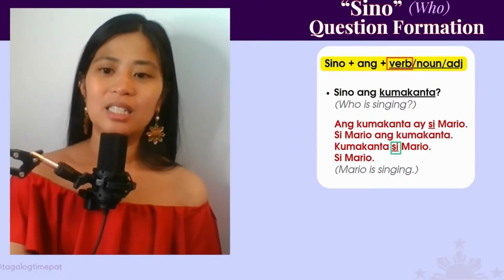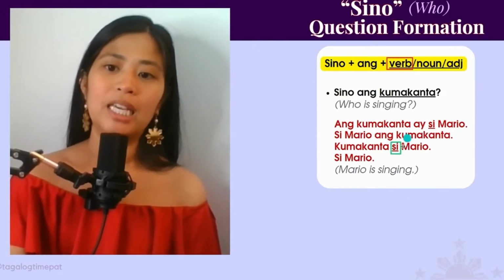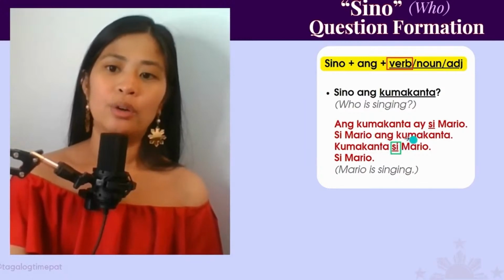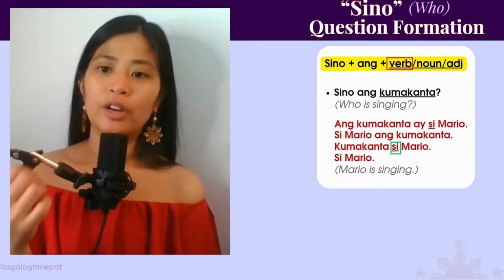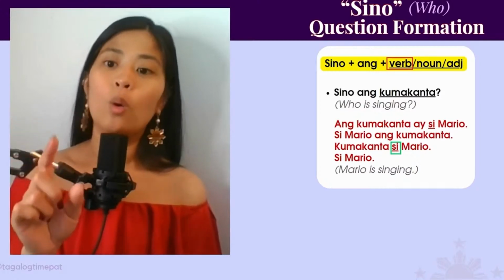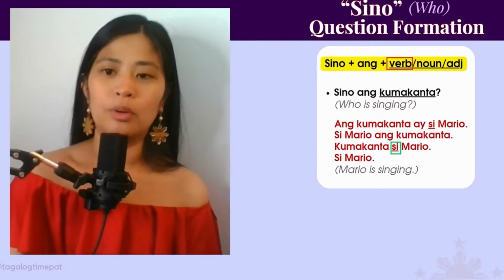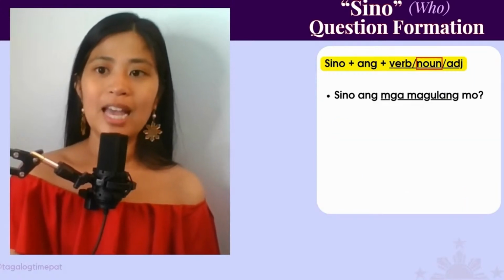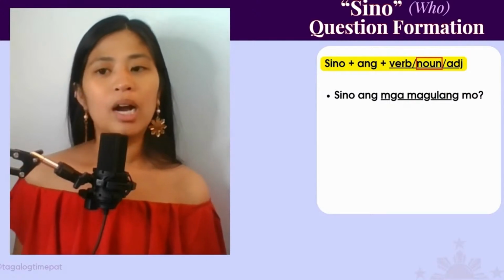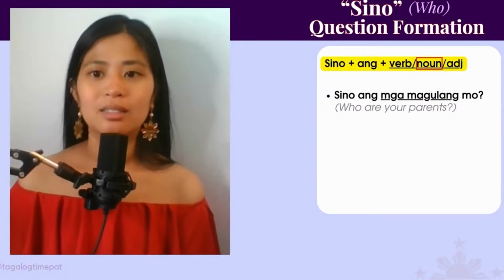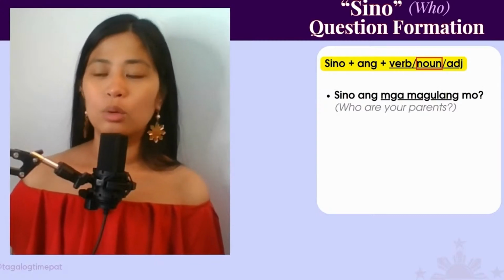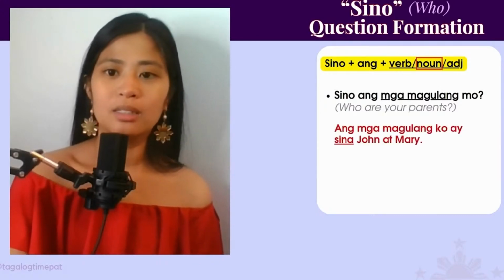And then there is the word that has to be in the answer. Si. Because we're asking about a person, your answer has to have si or sina if it's more than one person. We'll see that. So now if you are going to fill it in with a noun, sino ang mga magulang mo? Mga magulang means parents. Sino ang mga magulang mo? Who are your parents?